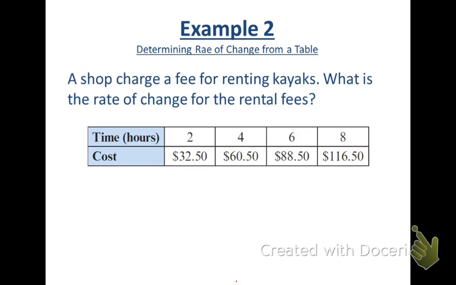All right, so those of you who are saying $16.25 for 1 hour, what are you using there? Well, you divide 32.50 by 2, and you get 16.25. So you're using one quantity. Can you use one quantity to determine a rate of change?